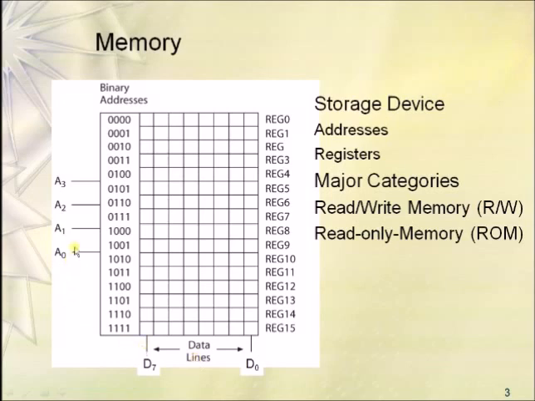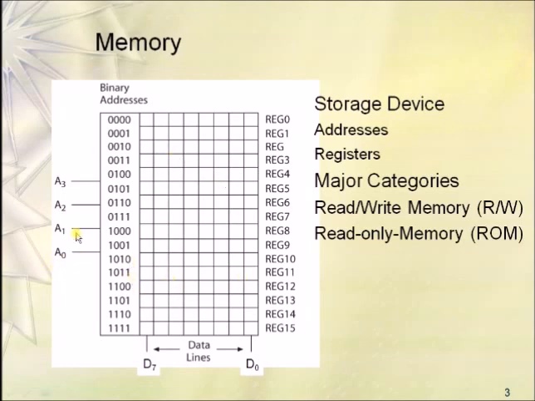The address lines are used for selecting one particular memory location, the data lines are used for transferring the information to or from the memory device, and control lines are used for specifying the type of operation we are going to carry out with this memory device.